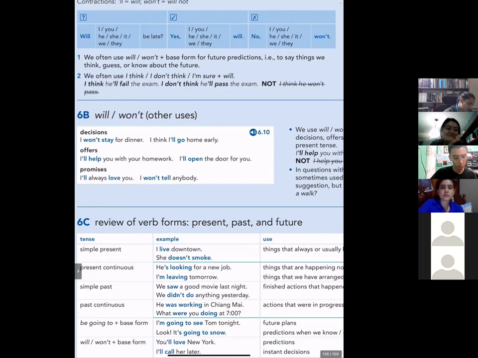So you have no information to base your guess on. Since you have no information or very limited information, you use will. Because will is more like a 50-50, maybe yes, maybe no. But going to is more like a 60% probability that it is going to happen and 40% that it is not. So it's more likely to happen.